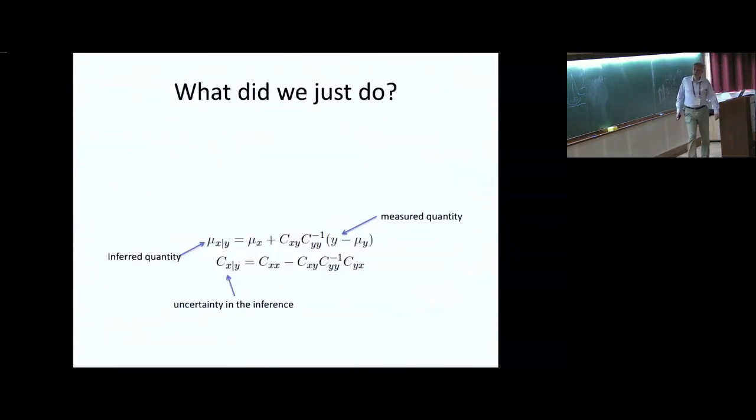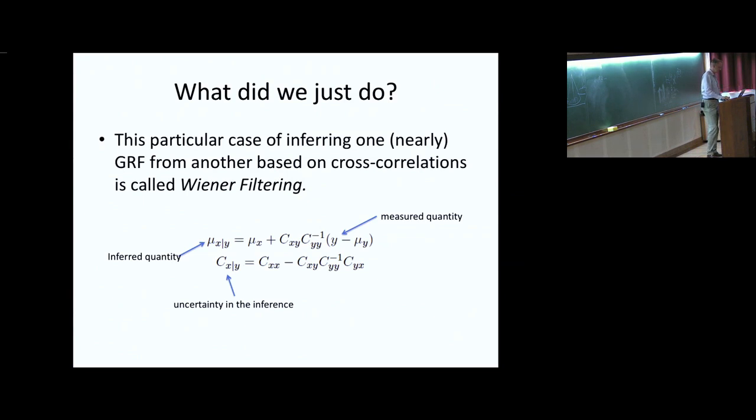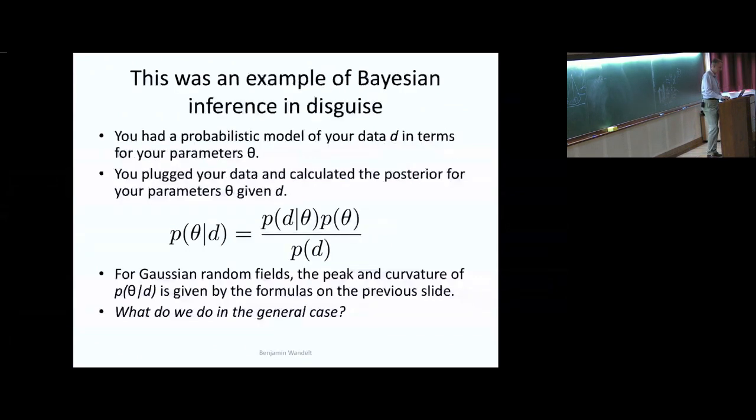So this is what we just did. Just exactly the equation that you have, measured quantity, inverted, etc. So this is a Wiener filtering type operation. And it's an example of Bayesian inference.